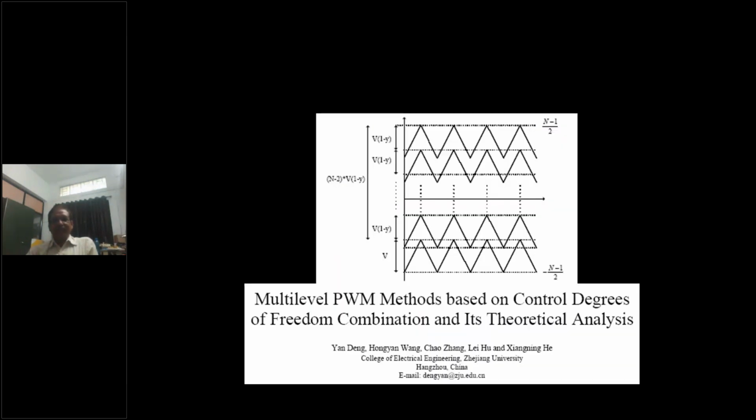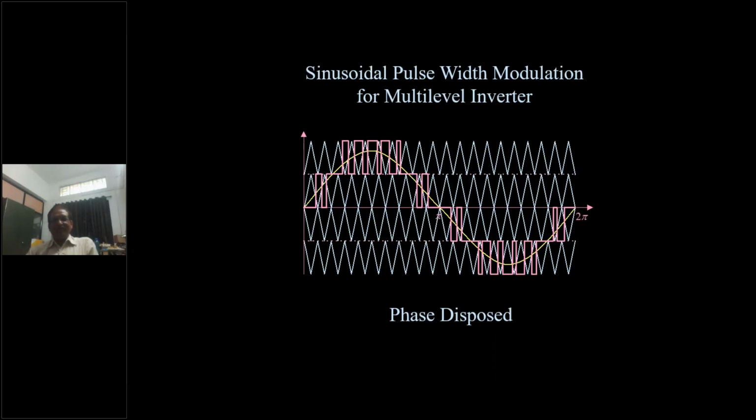FFT. Another is the SPWM technique that we have discussed. So how to implement it? For example, for high level, I need 4 carrier waves and a single sine wave. I compare the carrier waves with the sinusoidal. So here I will get VDC by 2.